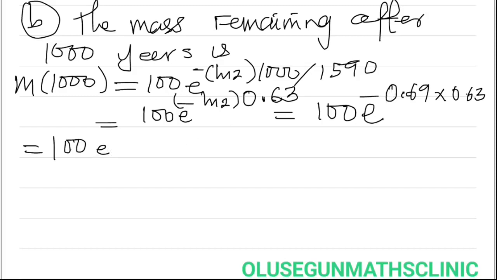0.69 times 0.63. So we have minus 0.4367. So we now give you 100 times. So let's find the exponentials of minus.